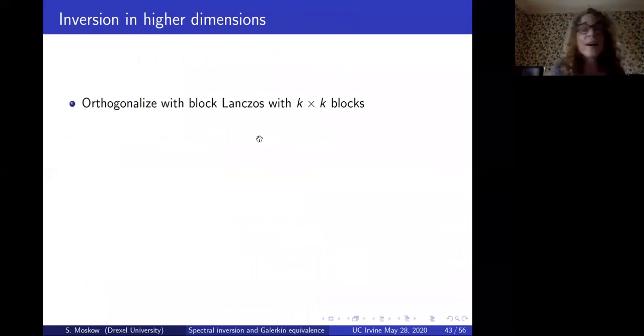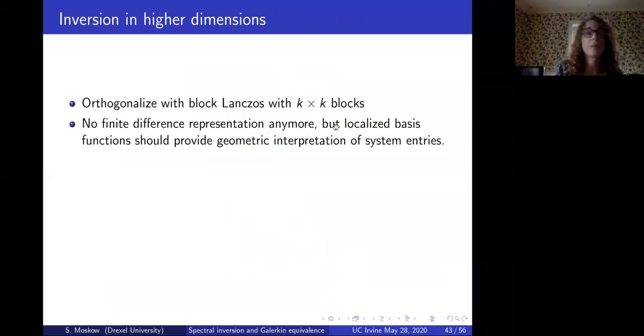Now for orthogonalization, because we have blocks, we orthogonalize with block Lanczos, with K by K blocks. Once we orthogonalize with block Lanczos, the result, instead of being tridiagonal, will now be block tridiagonal. And there's no more finite difference representation, but the localized basis functions give us a geometric interpretation of the system.